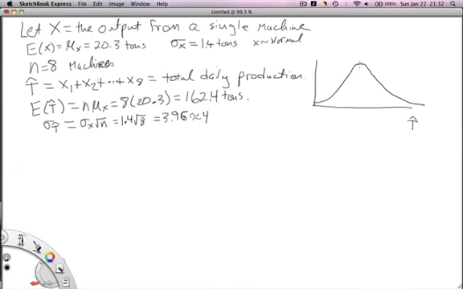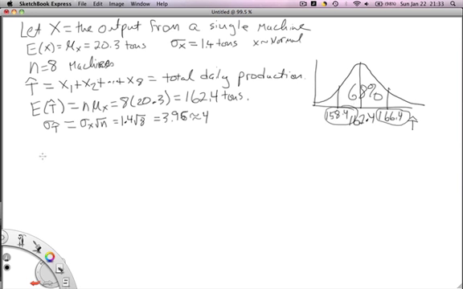Now the mean of this distribution is 162.4. Now from this standard deviation, we can conclude that 68% of the time we'll be producing between 158.4, so that's one standard deviation to the left, to 166.4, which is one standard deviation to the right. And so that's a fairly powerful result.